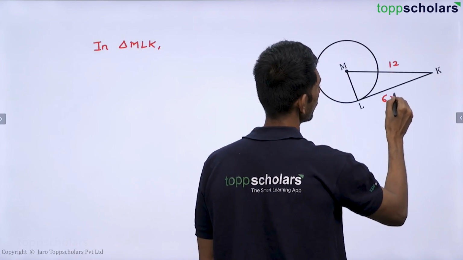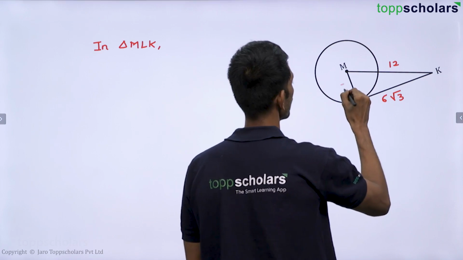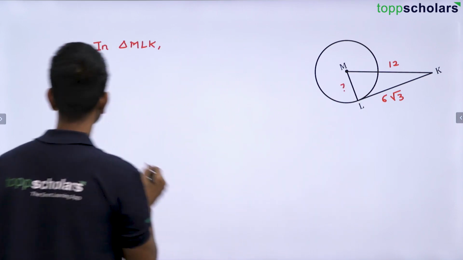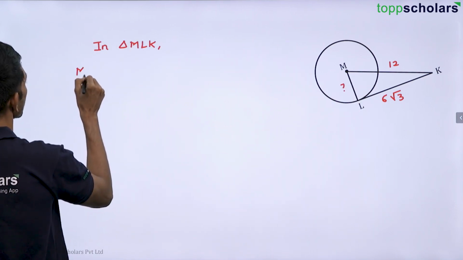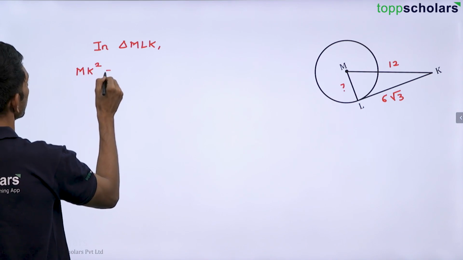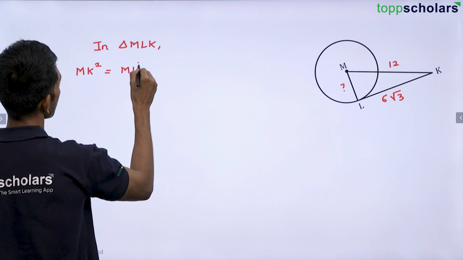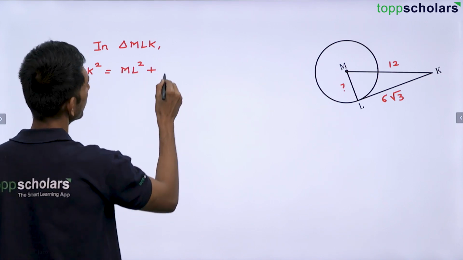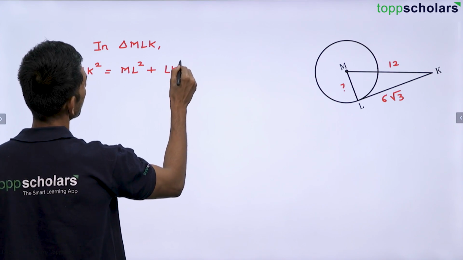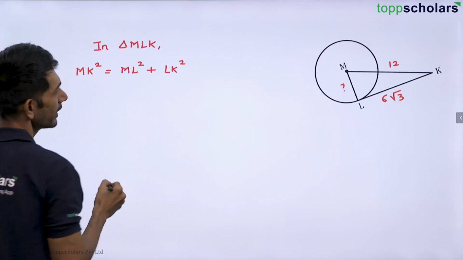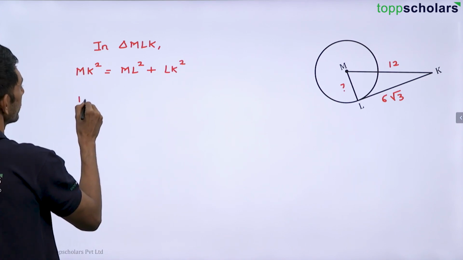Here I have 6 root 3 and this is question mark. So I can say MK square is equal to ML square plus LK square, correct? So that is 12 square.